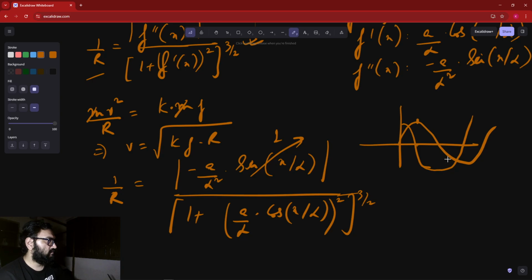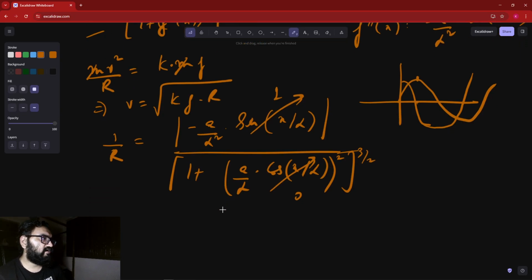So the denominator reaches its minimum value, which means that 1 by r is nothing else but a by alpha square. I have removed the modulus part. This gives me r as alpha square by a.